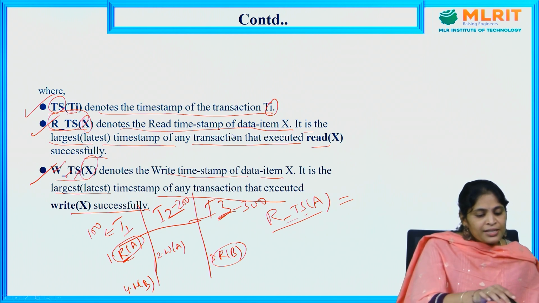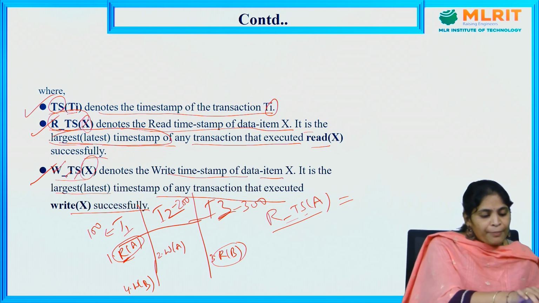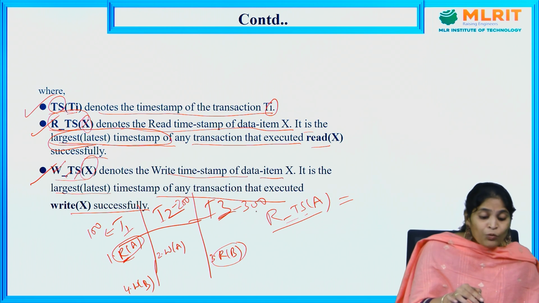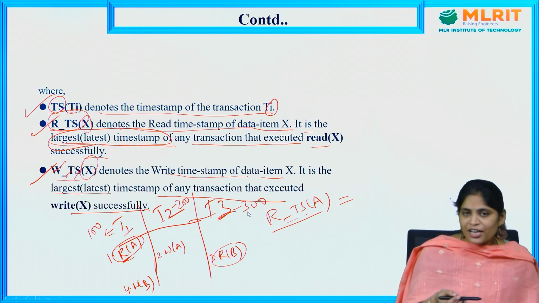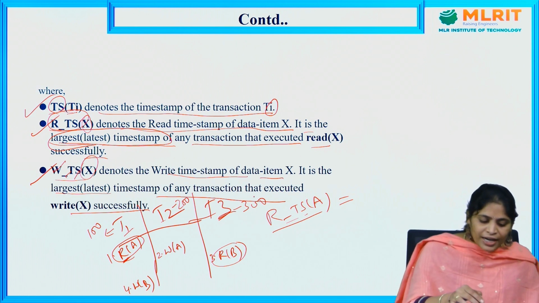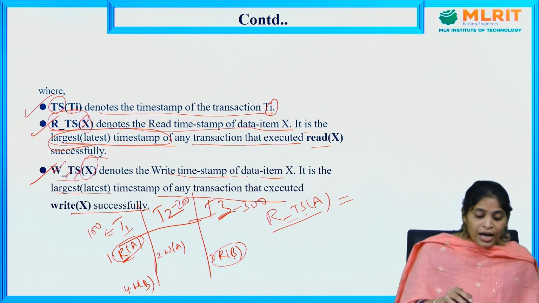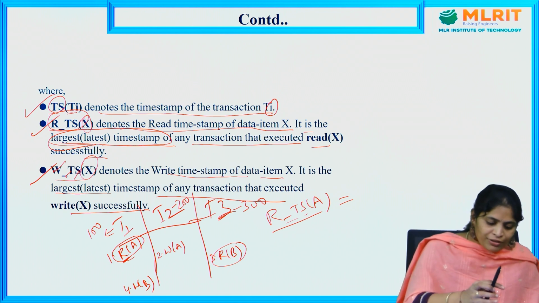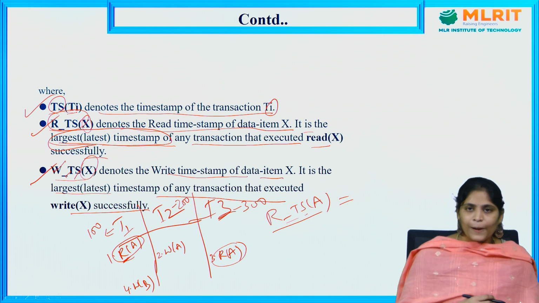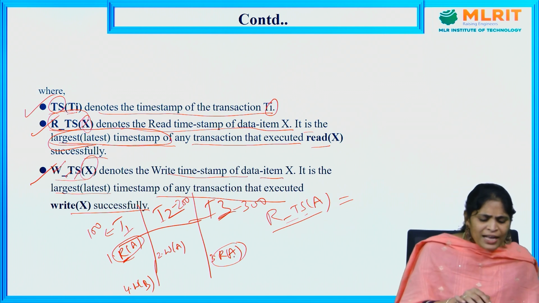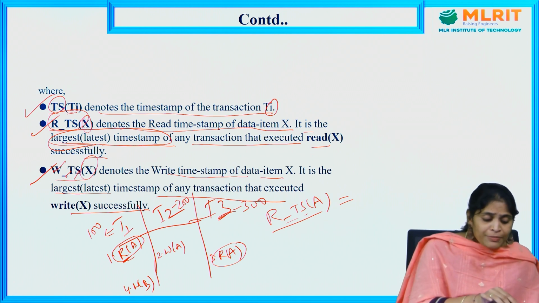RTS of A means the largest timestamp, largest meaning the most recent transaction that has read it. For example, not B, here let us take A. So what is the largest timestamp? First, the timestamp for R of A is 100. Later on, is R of A there anywhere? Yes, here.